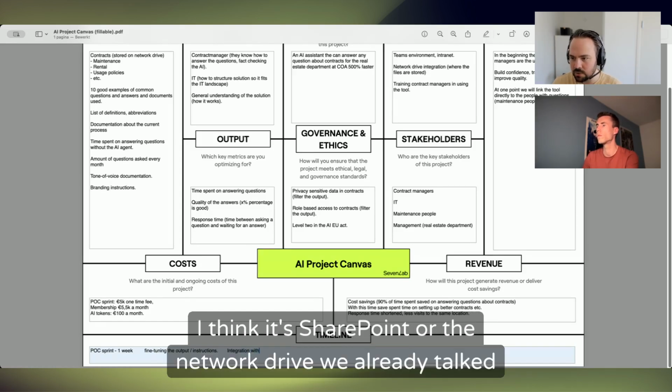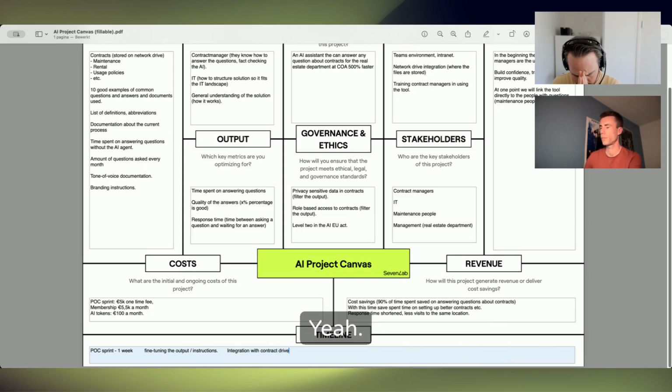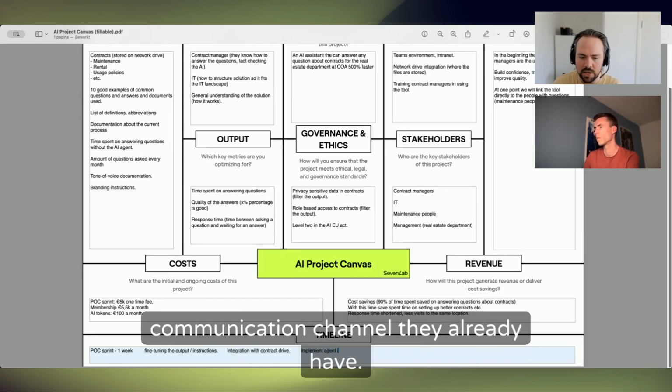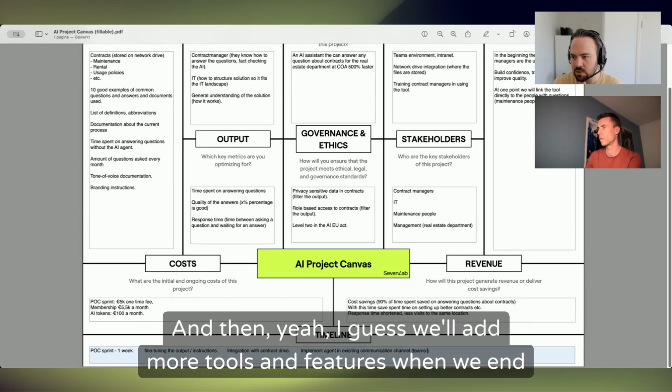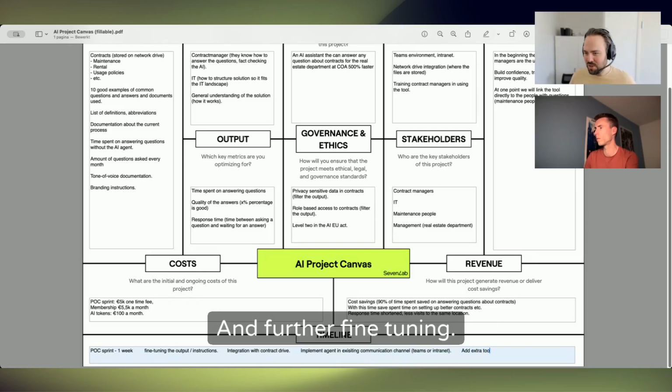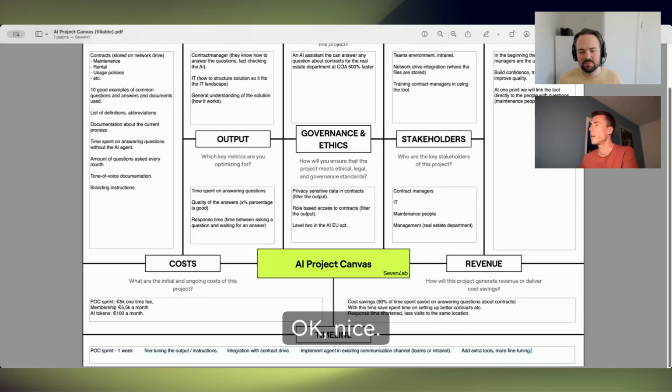I think it's SharePoint or the network drive we already talked about. And after that, we'll implement the agent within an existing communication channel they already have. And then I guess we'll add more tools and features. We end up in that phase, which can be indefinite, and further fine tuning.